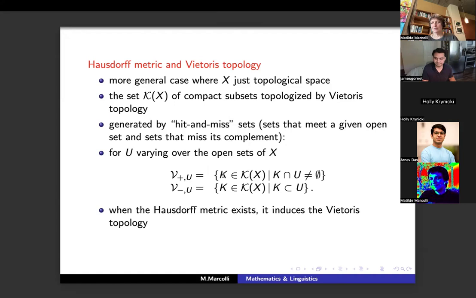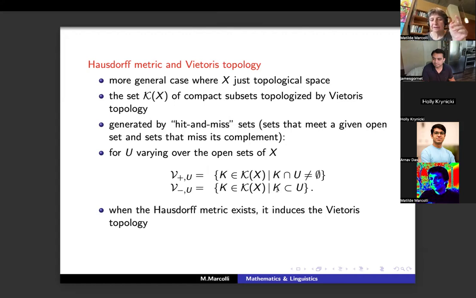So you're looking at the set of compact subsets of X. These are the points in this space: the compact subsets that don't intersect a certain fixed open set, and those that are contained in it. So either they totally miss it or they are completely contained. And you use this as a basis to generate the topology.